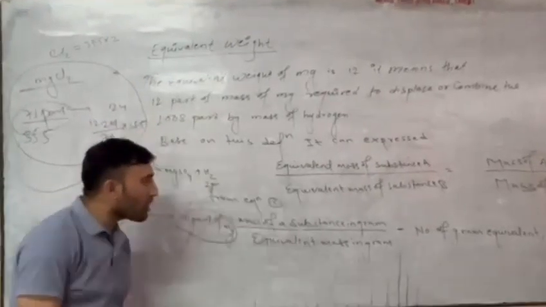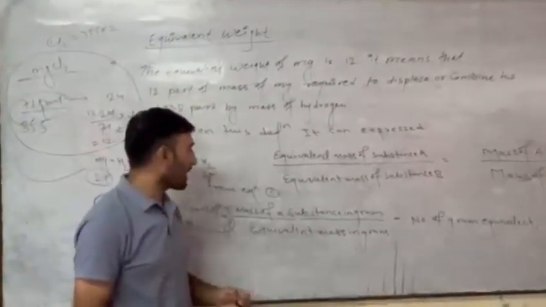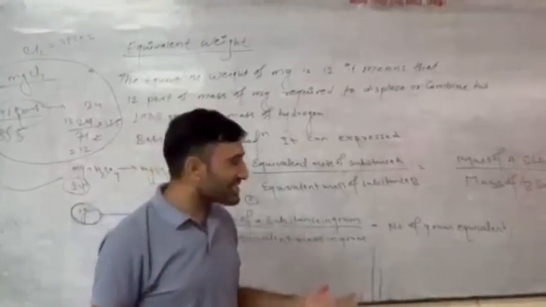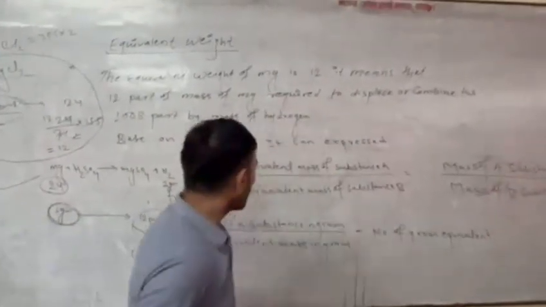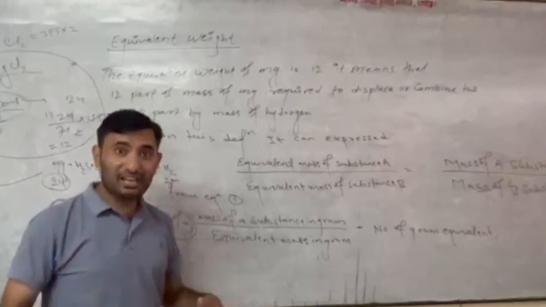That means the number of gram equivalents is the mass of any substance divided by the equivalent mass of that substance.